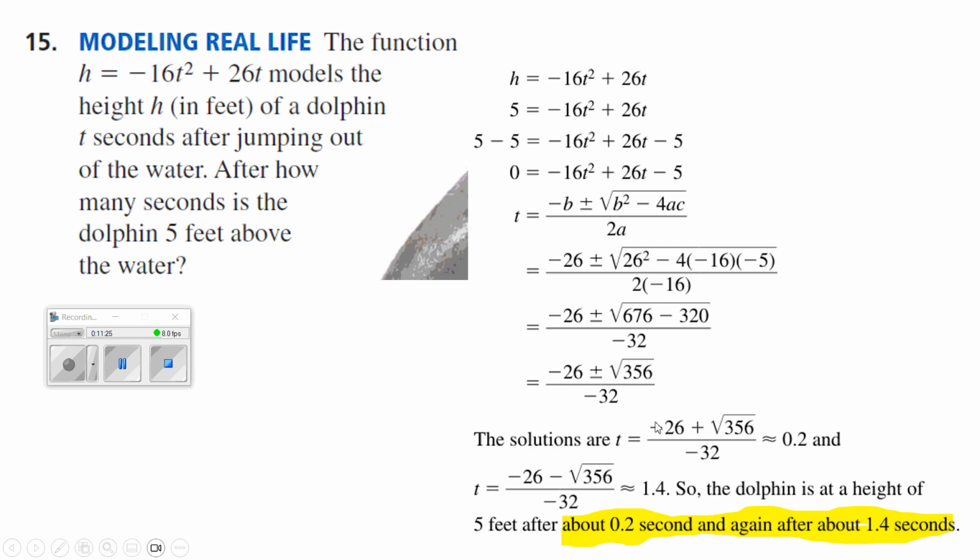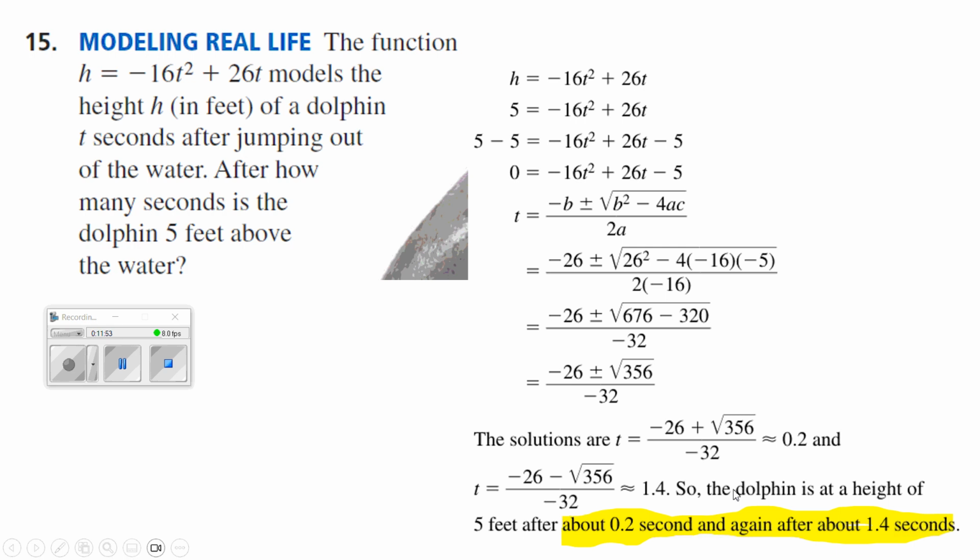So the solutions are negative 26 plus the square root of 356 over negative 32, which equals about 0.2, and it's also negative 26 minus the square root of 356 divided by negative 32, which is about 1.4.